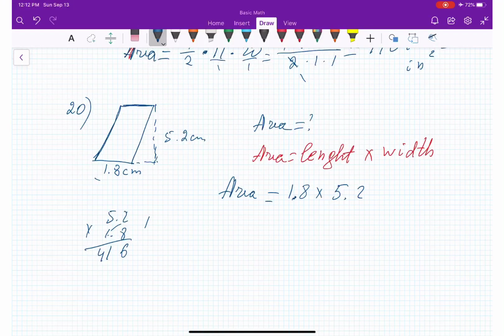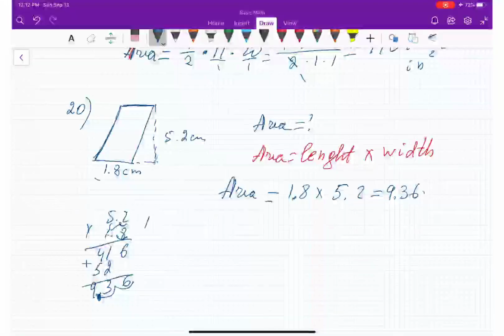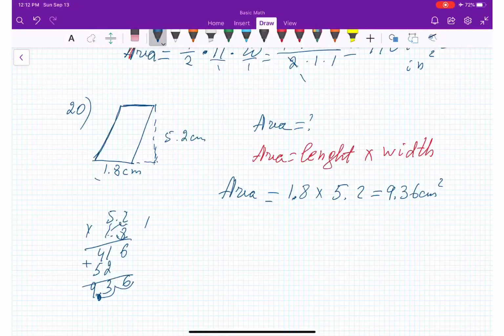Next, 1 times 2 is 2, 1 times 5 is 5. If I add, I'm getting 6, 3, and 9. So I have two decimal points, 1 and 2. So if I count 1 and 2, it will be 9.36 centimeters squared.